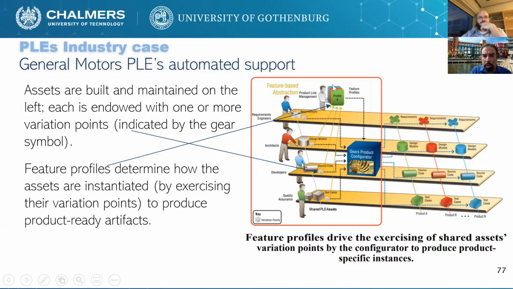And then here you have the bill of features, decided by this development engineer, to provide the feature profile for each product. And here they do the variation of their features or assets. It goes into the configuration model, which is called Gears, and produces artifacts here, or final products.